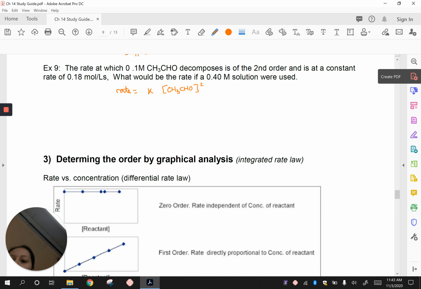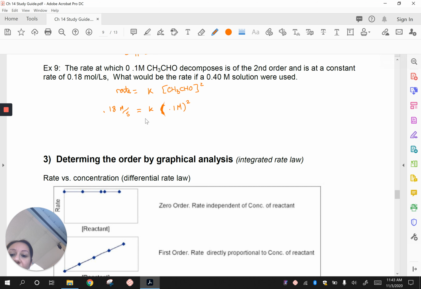I also know that the rate at 0.1 molar is 0.18 molar per second. So I know that the rate is 0.18 molar per second if this was 0.1 molar, right?